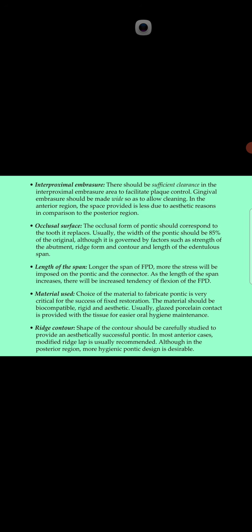Next is the ridge contour. Shape of the contour should be carefully studied to provide an aesthetically successful pontic. In most anterior cases, modified ridge lap is usually recommended, but the most aesthetic, which we will discuss in further slides, is the ovate.